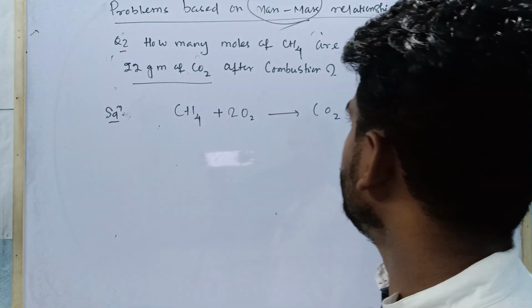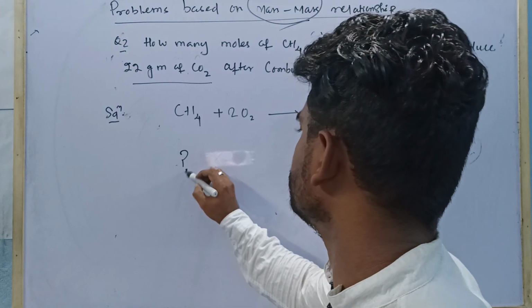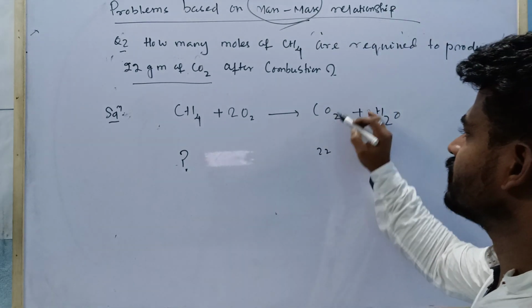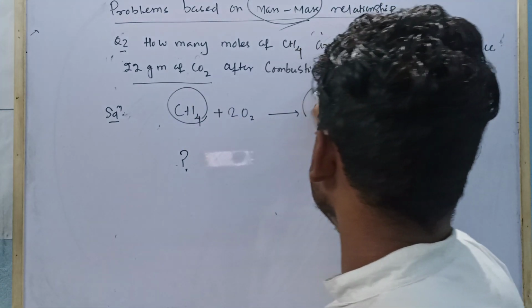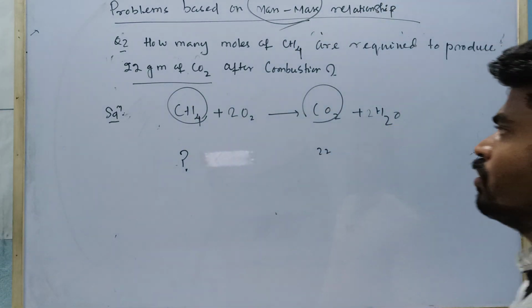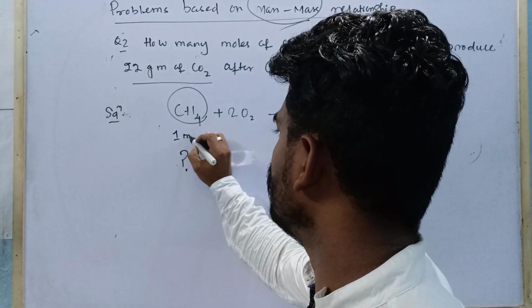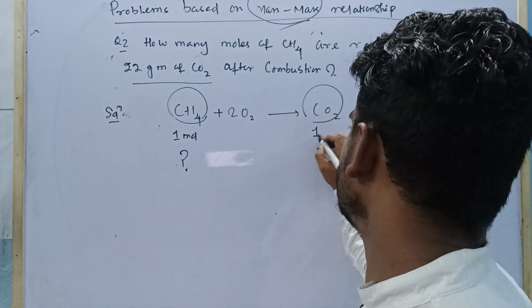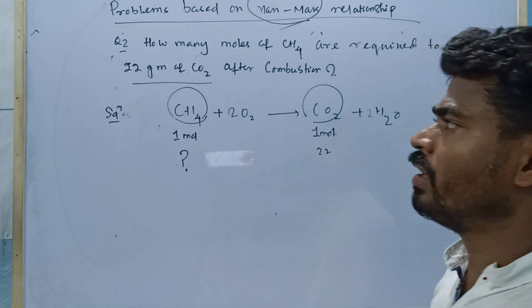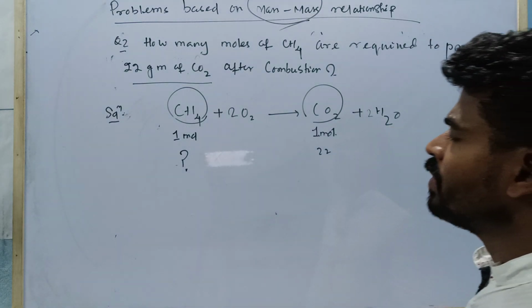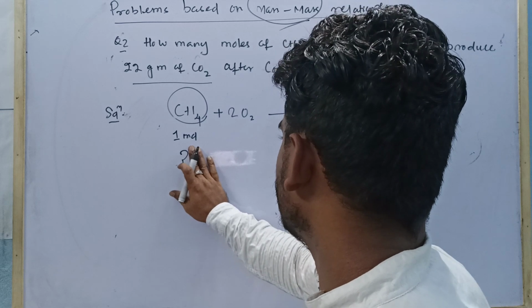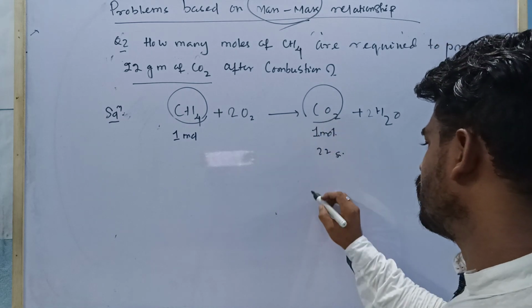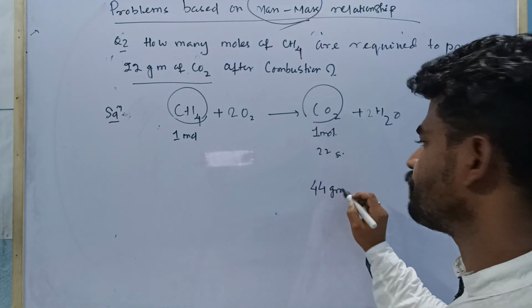The question is how many moles of CH4 are required to produce 22 gram of carbon dioxide. So you have to focus on these two. The question is asked about moles, so you can compare 1 mole of CH4 by its stoichiometric coefficient with carbon dioxide, also 1 mole. Here you can compare with 22 gram of CO2. From this balanced equation, its molecular weight is 44 gram.